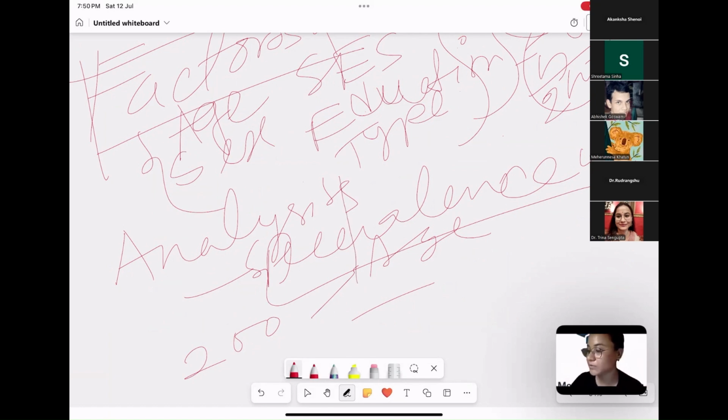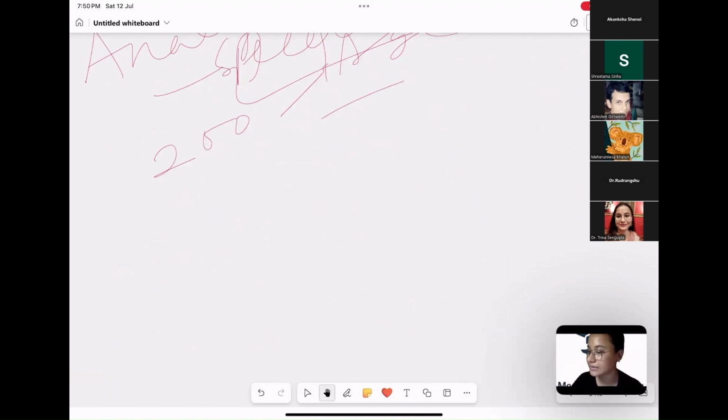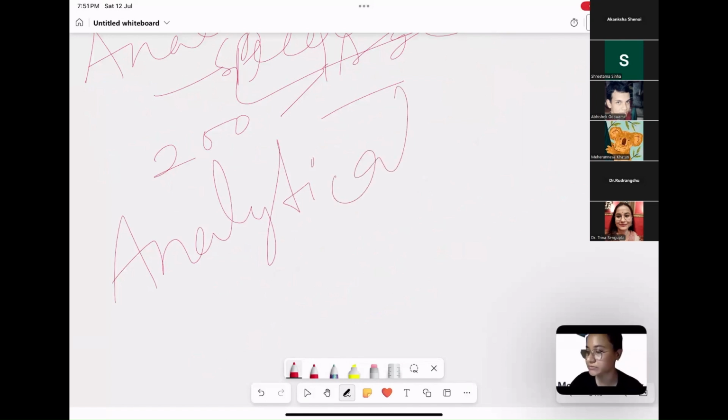But another aspect of this study is the analytical cross-sectional study. What analytical part can we measure? The analytical part we can measure is whether these factors, like what we have described already, are responsible for their nutritional status.